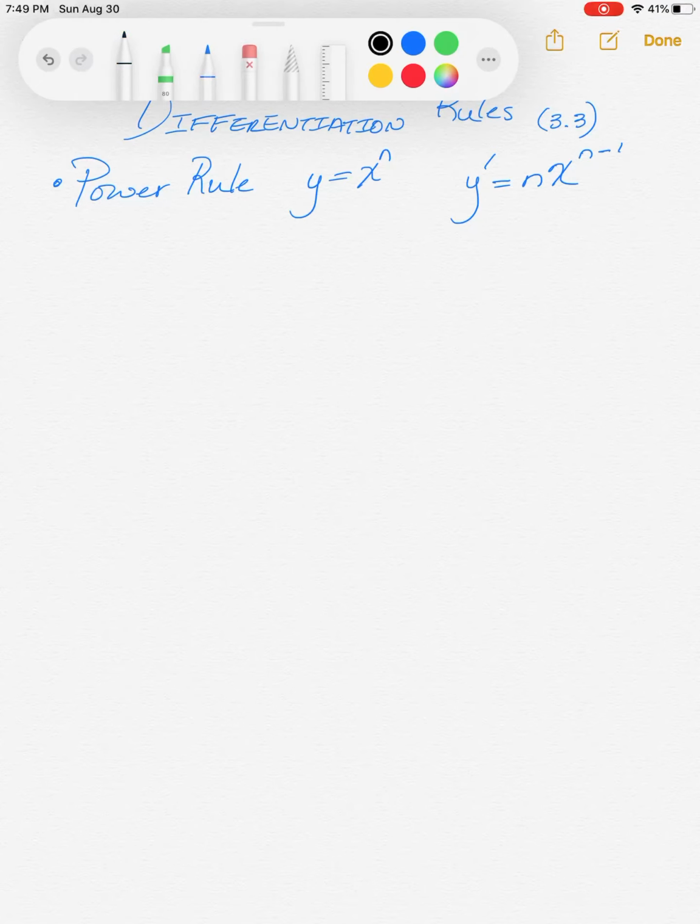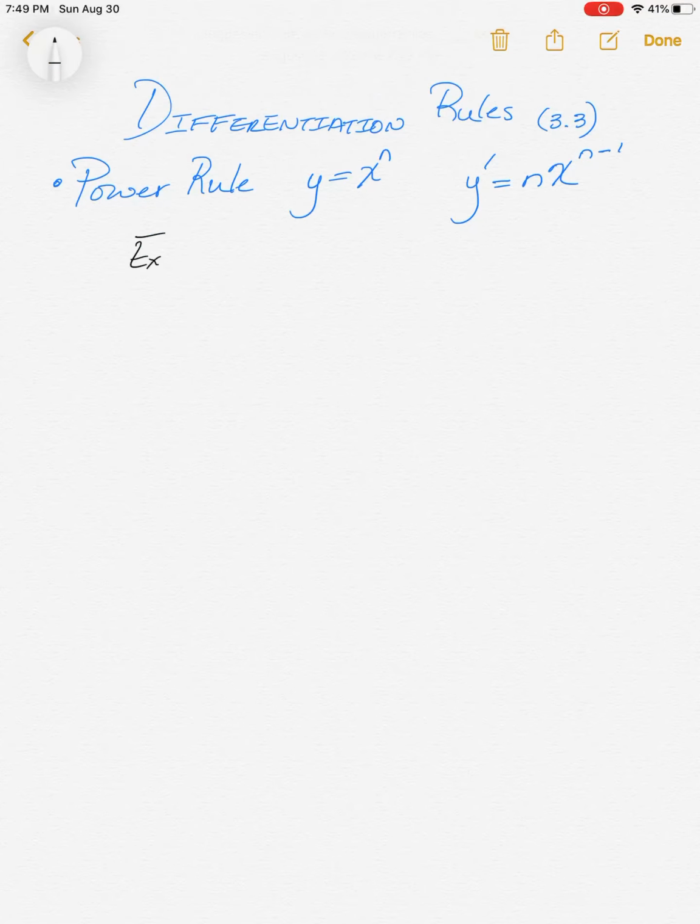Somebody said, give me an example. Example coming up. We have y equals x squared. Simple example. We want to find y prime.